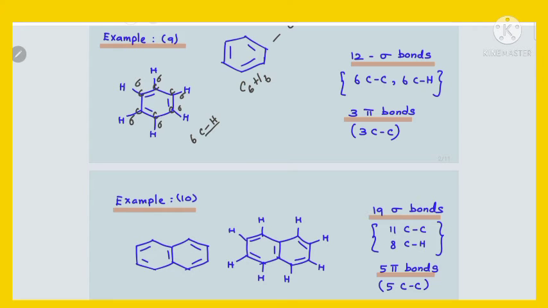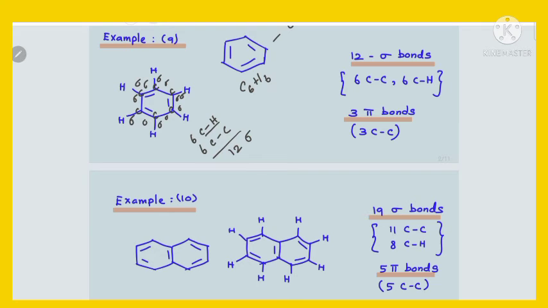As well as this, between carbon and carbon also we have sigma bonds. So this is also sigma bonds, isn't it? So totally there are 12 sigma bonds. Among the 12, 6 are between carbon hydrogen, the other 6 are between carbon and carbon.